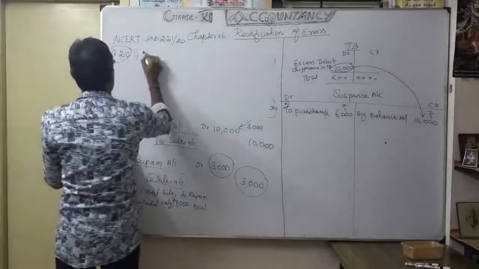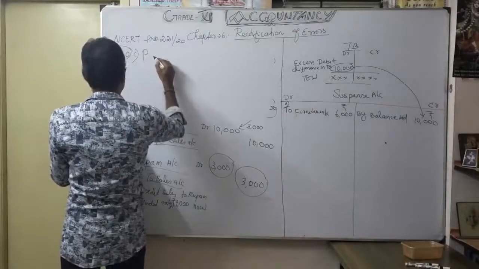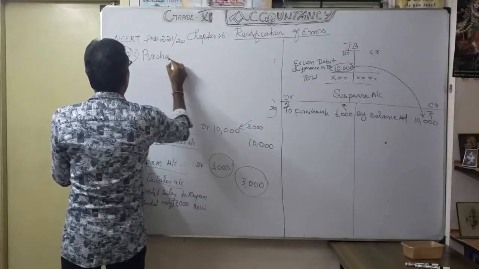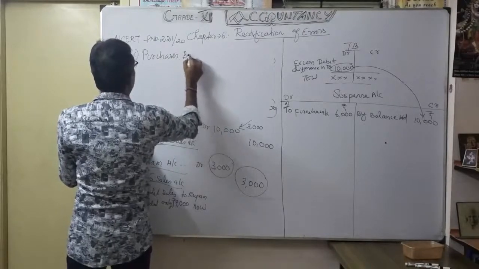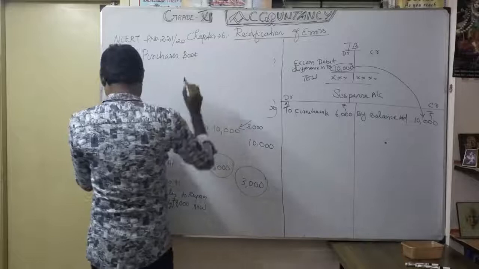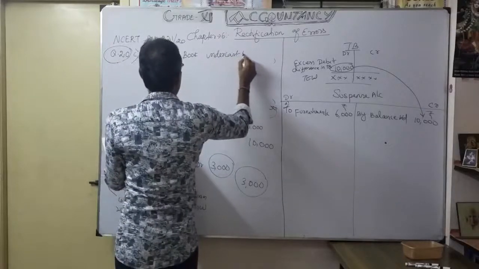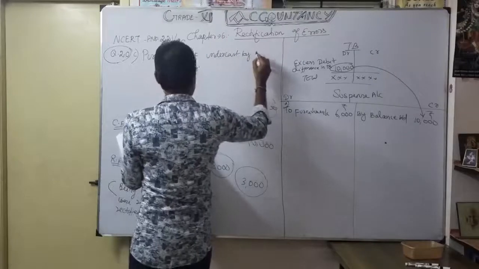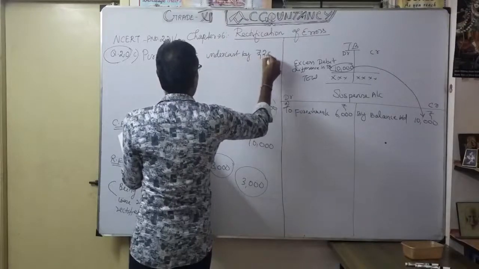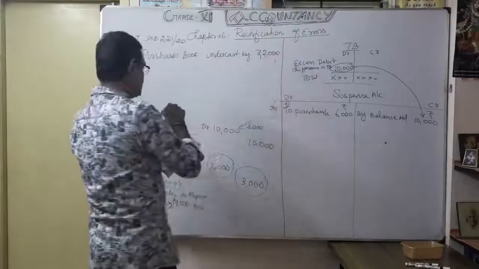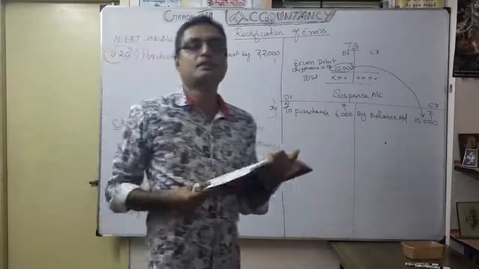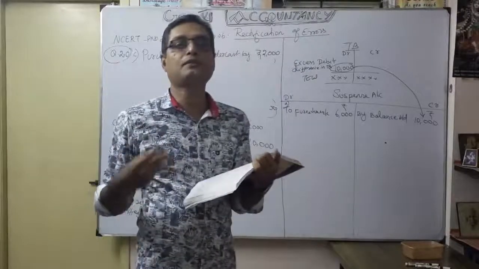Okay, as you see, purchases book under cast by how much? 2,000. So here what happened? As a one-sided error, whatever the purchases are going to give effect in, purchase account.